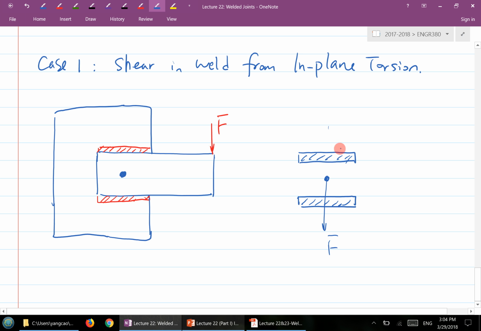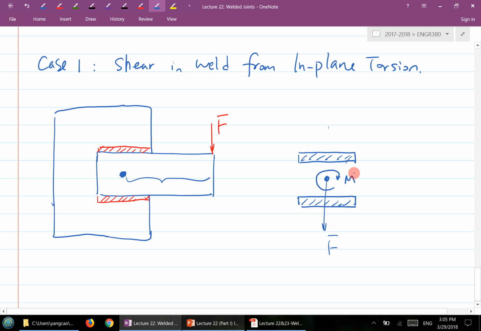So the F will cause a moment or torque with respect to this weld group. If you use F times this distance, then you will get a moment here. Which direction? Actually, the other direction. Or torque.